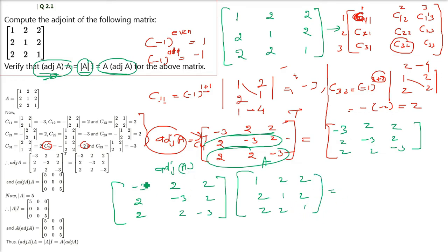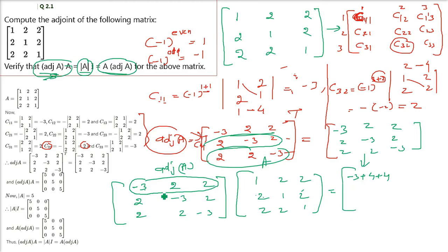I'll just show you the first column, because we are short of space. So minus 3 into 1 plus 2 into 2 plus 2 into 2. Minus 3 into 1 is minus 3, 2 into 2 is 4, and 2 into 2 is 4. So 4 plus 4 is 8, minus 3 is 5 here.